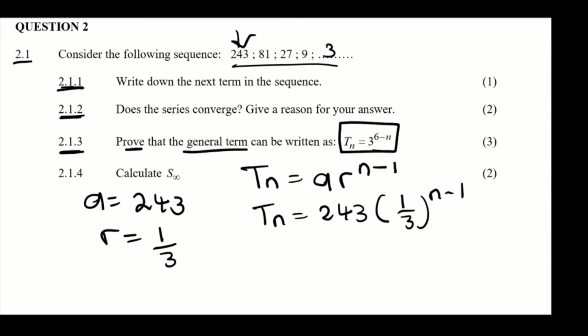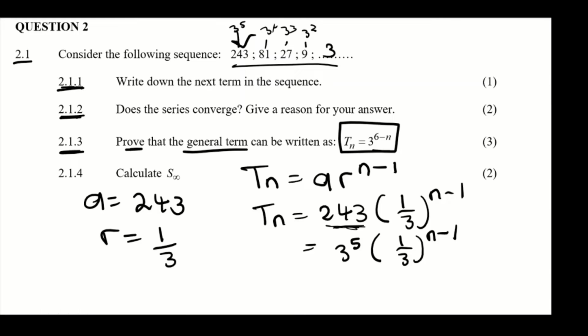Remember about the 243. In the previous question, 2.1.1, I said this is 3 to the power of 2, this is 3 to the power of 3, this is 3 to the power of 4, and this is 3 to the power of 5, right? So we can simply write that as 3 to the power of 5, then times 1 over 3, all to the power of n minus 1, right?